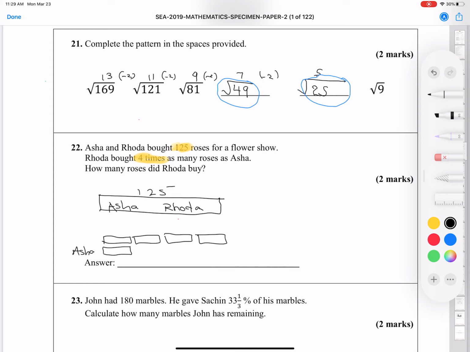So what's actually happening here is that the 125 has now been separated into 5 equal parts. So we divide our 125 by 5 and we get 25. Each of these parts is equal to 25 roses.